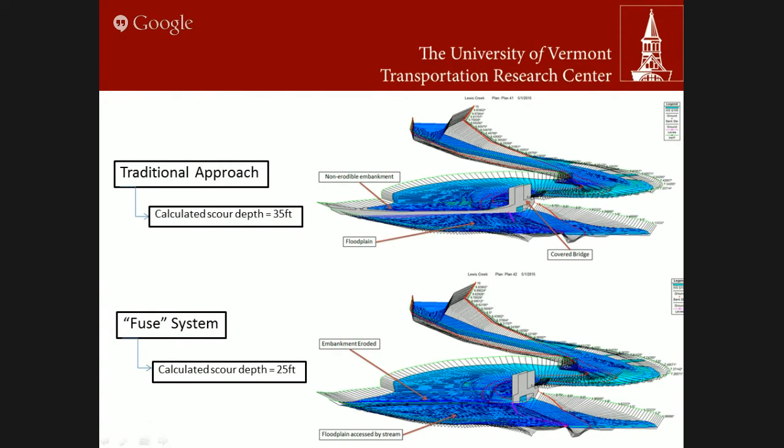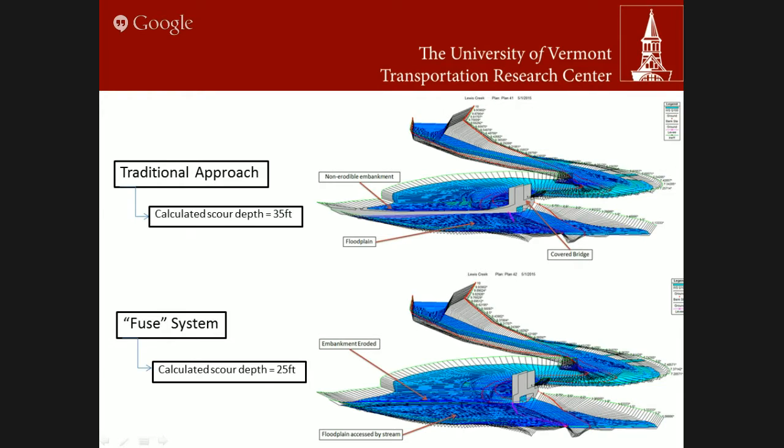With this model, we were able to calculate scour depth using HEC-RAS, which is the Hydrologic Engineering Center's River Analysis System. It's the traditional method that agencies and different companies use to simulate and model rivers and come up with scour estimates. Here's a three-dimensional image of the river itself after we ran a 100-year storm through it.